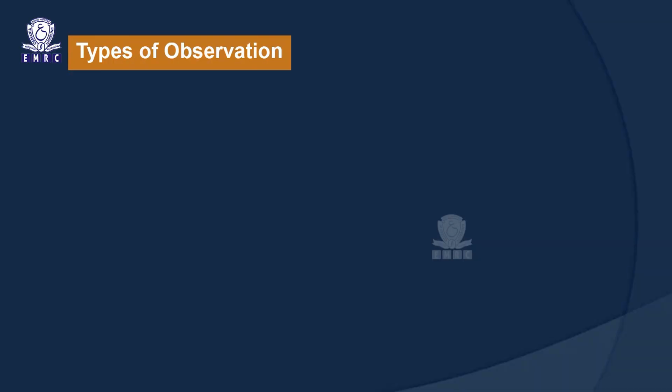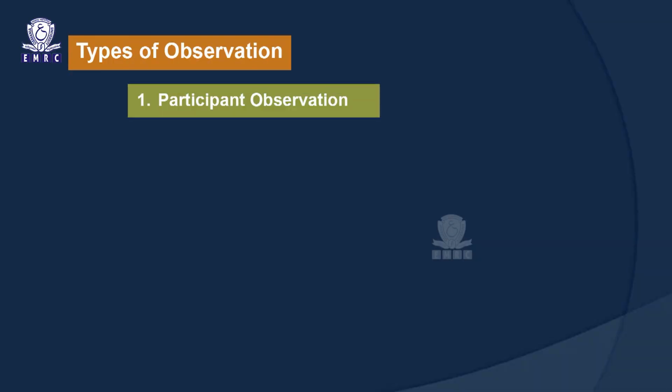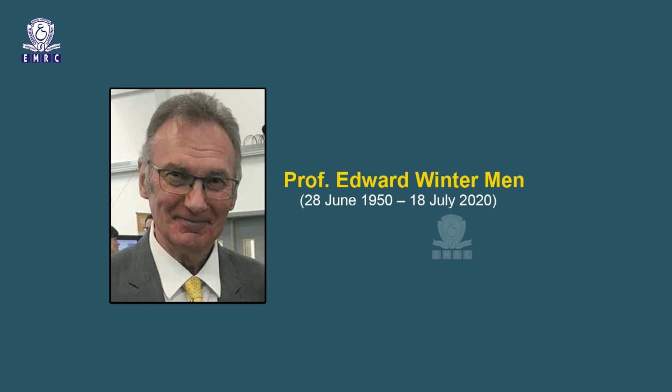Now, we'll understand the different types of observation. The first one is participant observation. Participant observation is one of the most common methods for qualitative data collection, and it was introduced by Professor Edward Winterman. It is also one of the most demanding techniques of data collection.